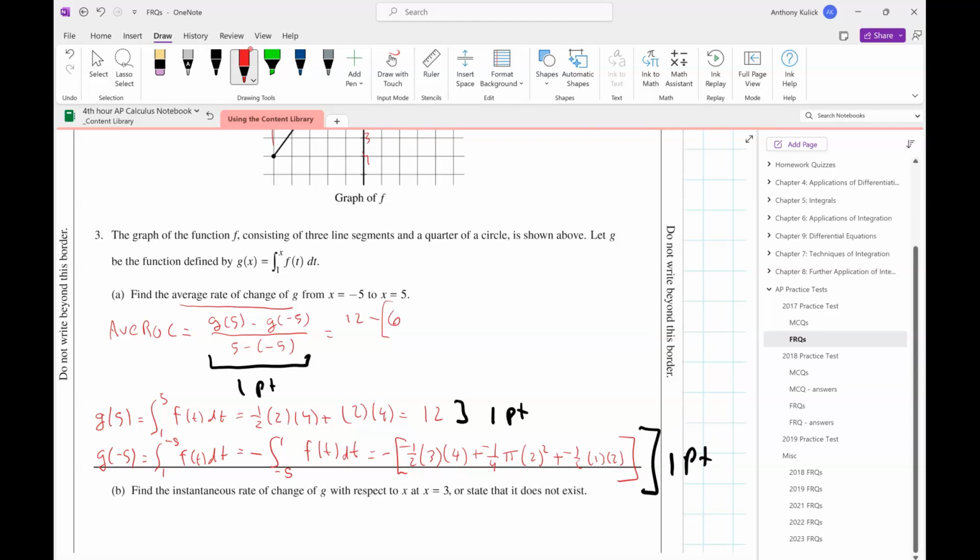That's going to be plus 2 pi. No, pi. And then that's going to be plus 1. So you should have ended up with 5 minus pi.